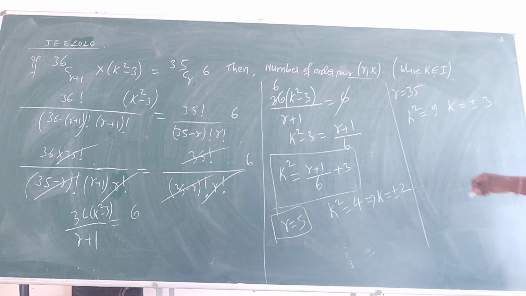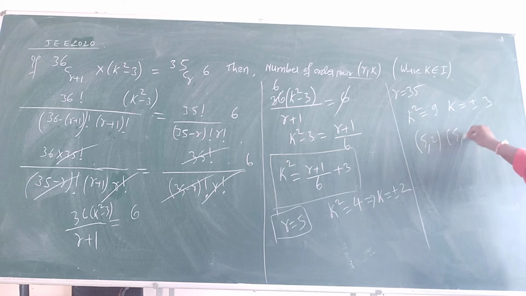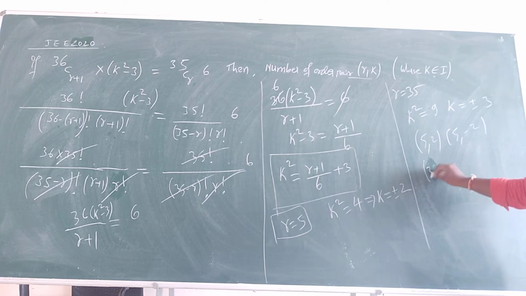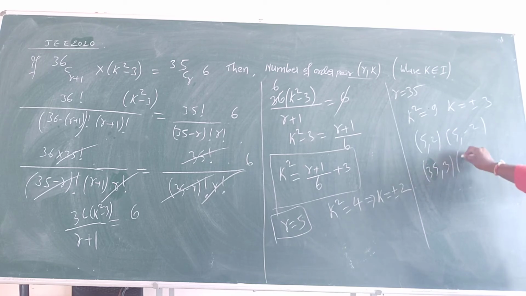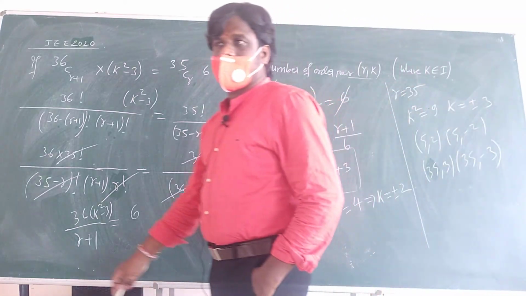So the ordered pairs are (5, 2), (5, minus 2), (35, 3), (35, minus 3). So I am getting 4 ordered pairs. This is JEE 2020.